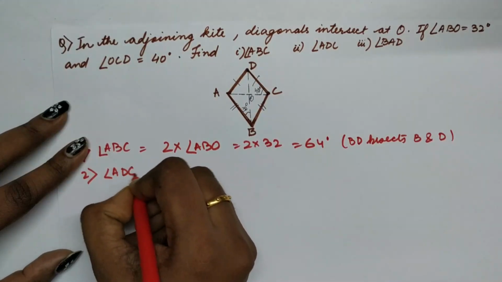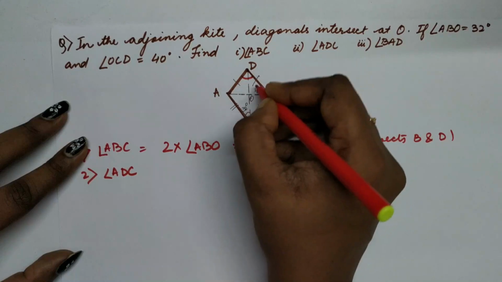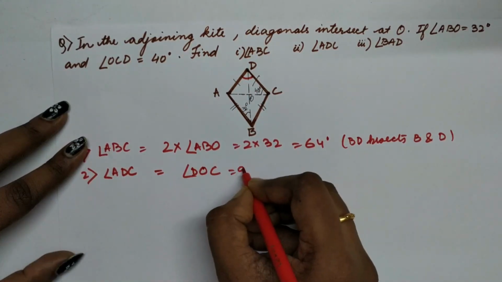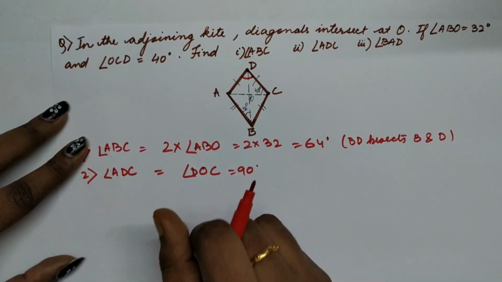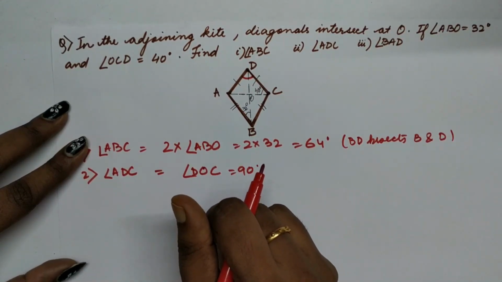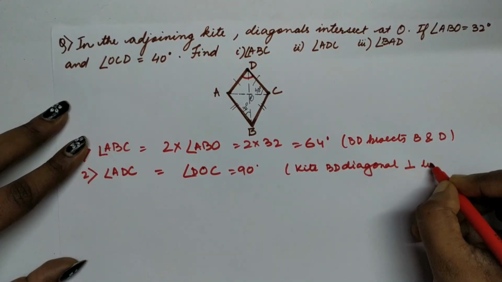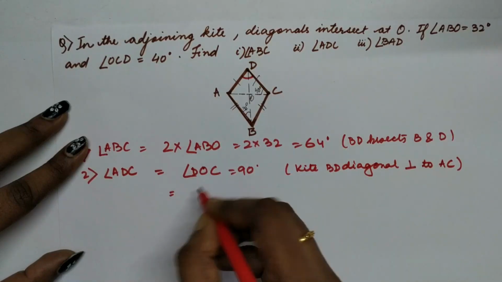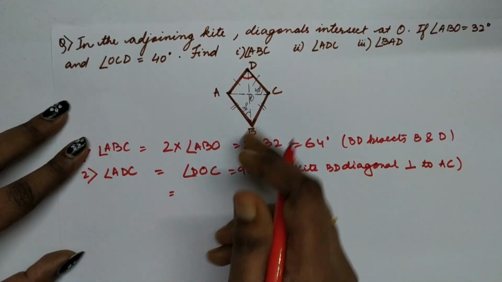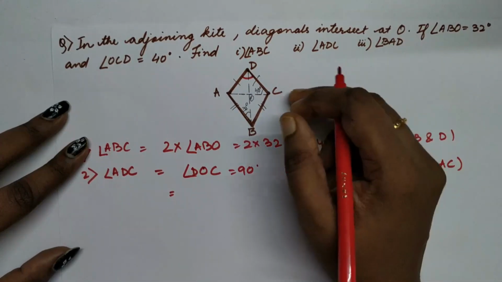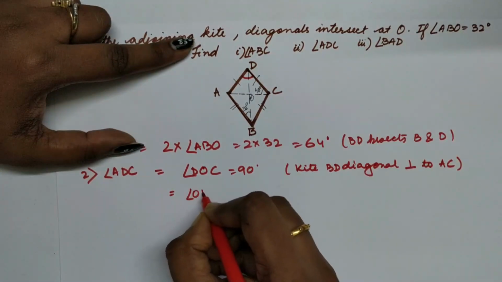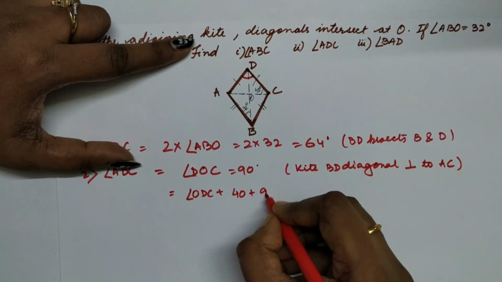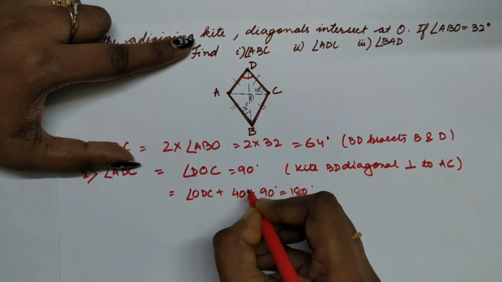For angle ADC, this full angle. Now you know that DOC is equal to 90 degrees because the diagonals of a kite bisect at 90 degrees, perpendicular to AC. So angle ODC plus 40 degrees plus 90 degrees is equal to 180 degrees.